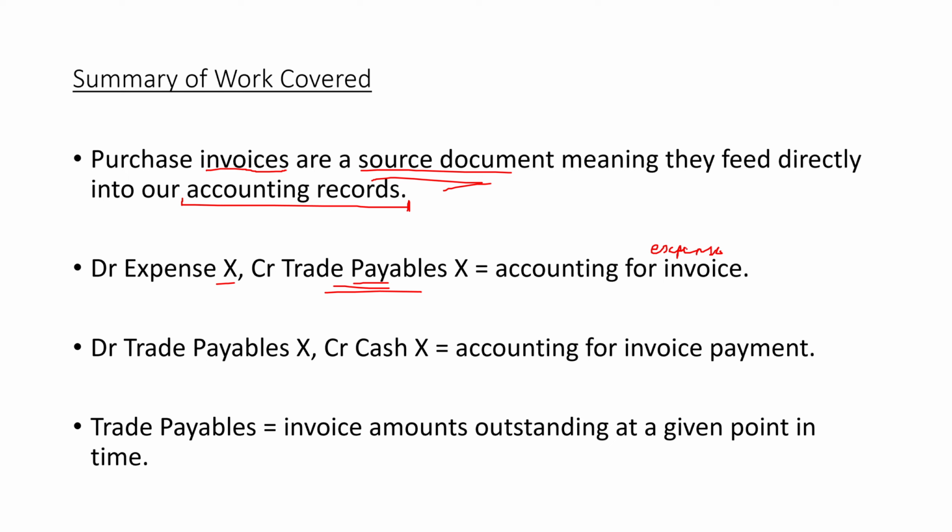If we're buying a plane, it will be a bit different. When we pay for the invoice, we're reducing our liability and we're reducing our cash. So debit trade payables this much and credit cash this much. And I want to point out that trade payables is the invoice amounts outstanding at a given point in time.